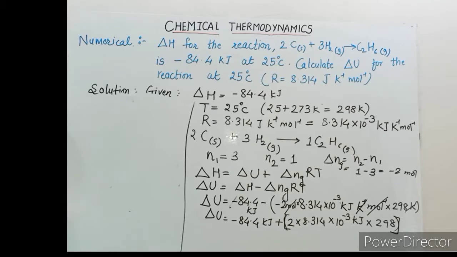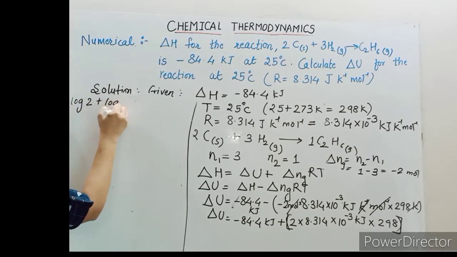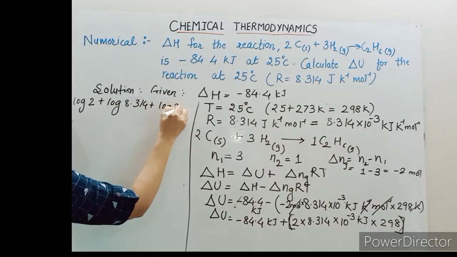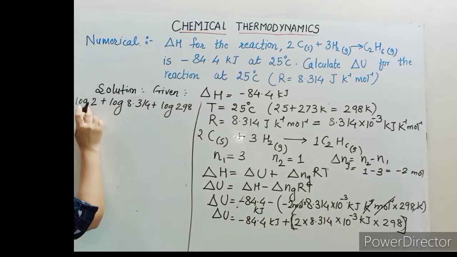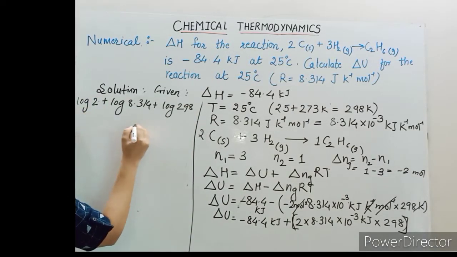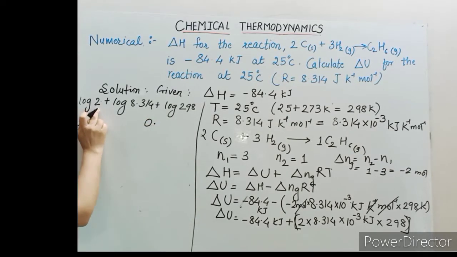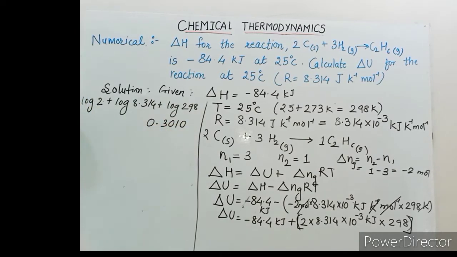So first, log of 2 plus log of 8.314 plus log of 298. Log of 2: there is only one digit before the decimal, so we subtract 1 from it, so it becomes 0 point 3010.